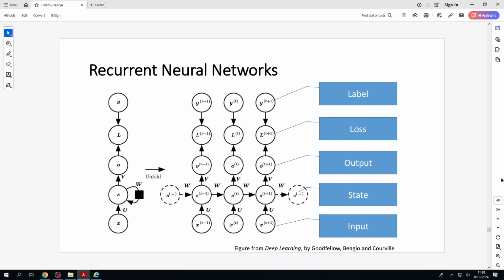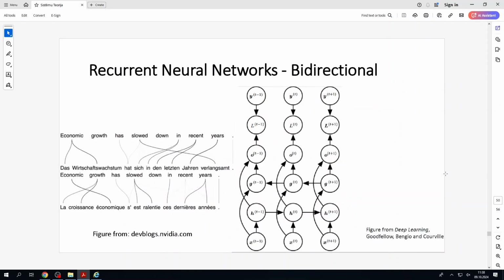Another type of neural network is called a recurrent neural network, which is different from classical neural networks in the sense that now it has an input state, its own internal state, and it is also possible for this neural network to work in both directions.